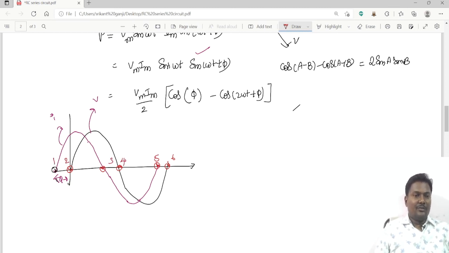At the zero position, if you multiply any value, the result should be equal to 0. So this is the position of the voltage waveform. Positive into negative will be negative. Positive into positive will be positive maximum.